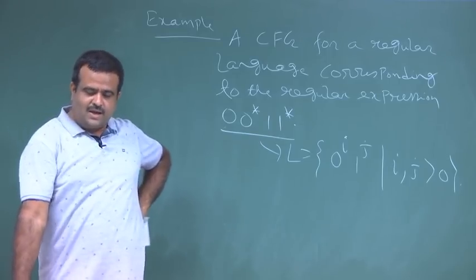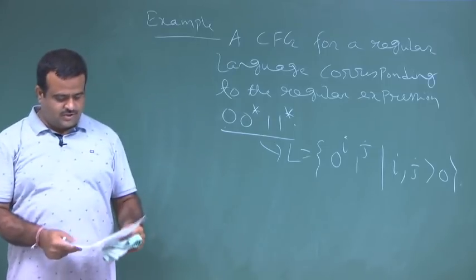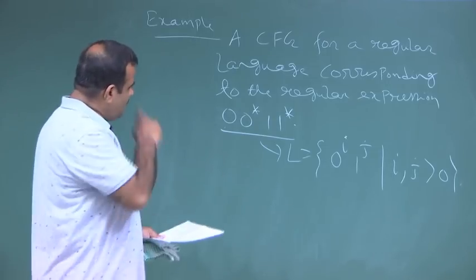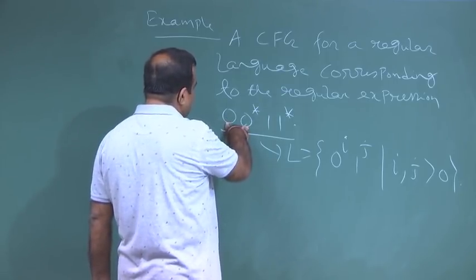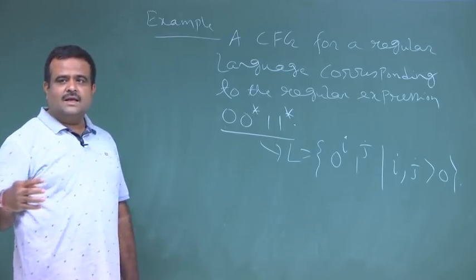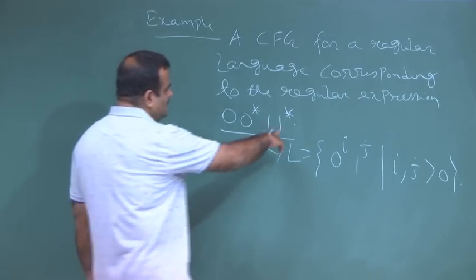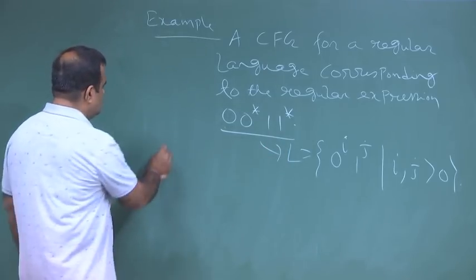Now, we want to find a context free grammar which can generate this language. So, any idea how to do it? It consists of two languages. One is any number of zeros and then followed by any number of ones. So, it is a two part. What is the solution?